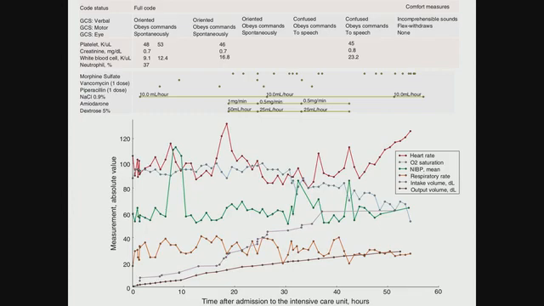So what else do we know about this guy? Well, GCS is the Glasgow Coma Score, and it's a way of quantifying people's level of consciousness. And you see that at the beginning, this patient is oriented and then gets confused and finally is only making incomprehensible words or sounds. Motor, he's able to obey commands.